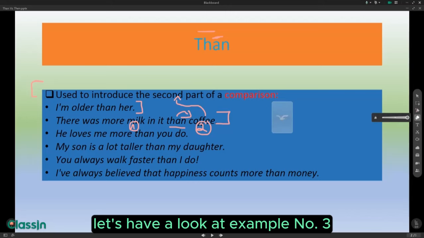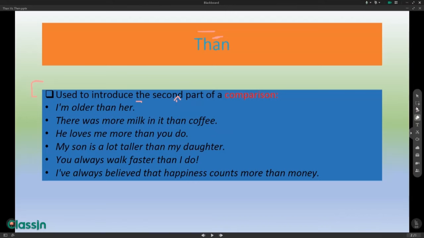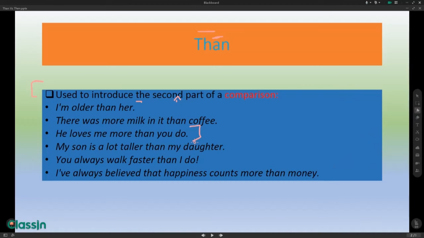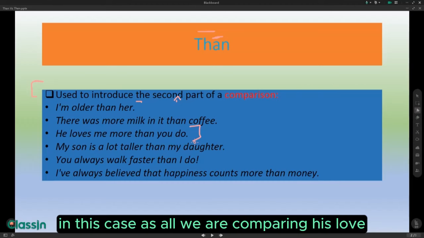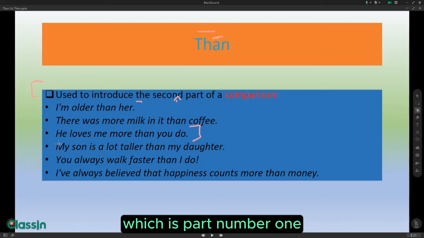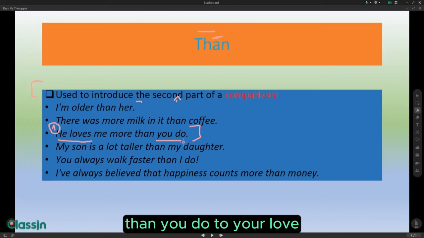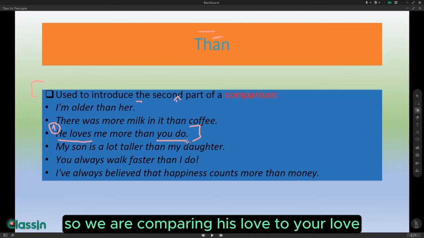Let's have a look at example number 3. He loves me more than you do. In this case as well, we are comparing his love, which is part number 1, than you do, to your love. So we are comparing his love to your love.